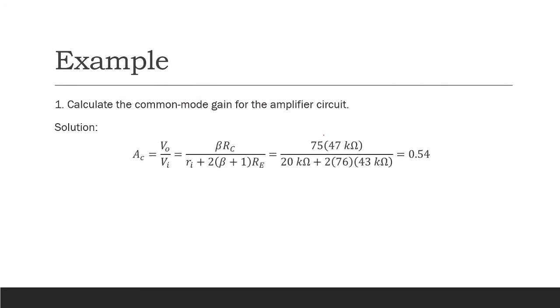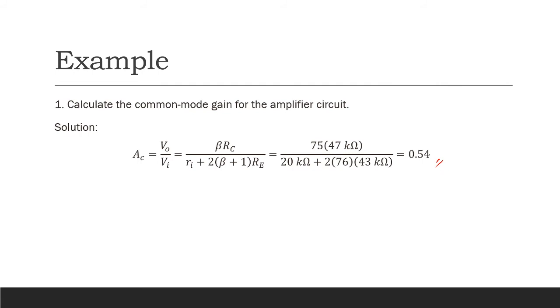We will have 75, that's your beta, times 47 kilohms over 20 kilohms. So this time around, ginamit natin yung given Rin, plus 2 times 76 times 43. So this is beta plus 1, tas itong 43 na to, that is your Re. Now, kung mapapansin, ang gain natin is 0.54.